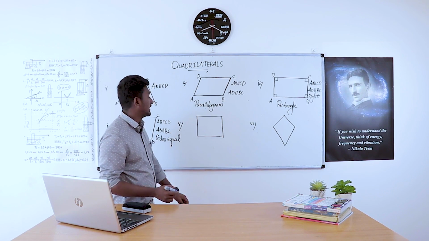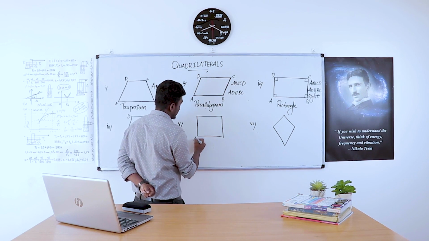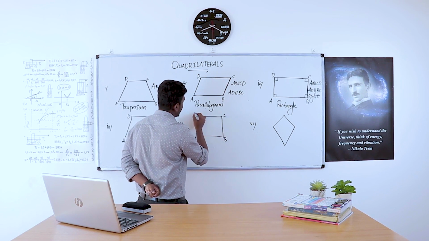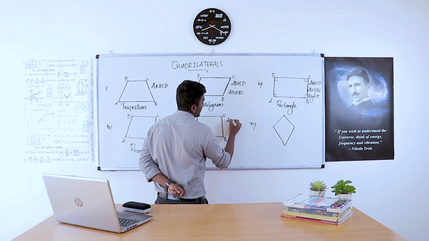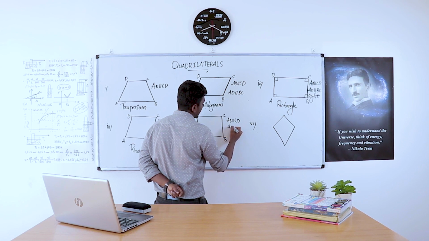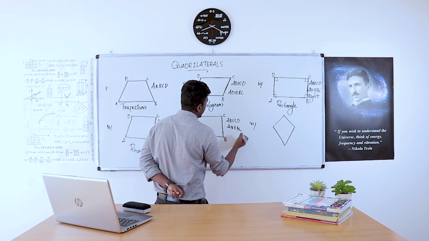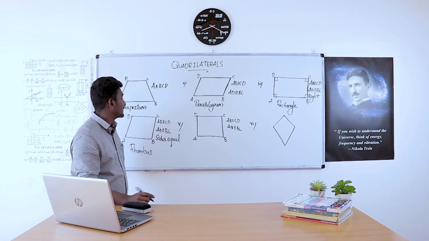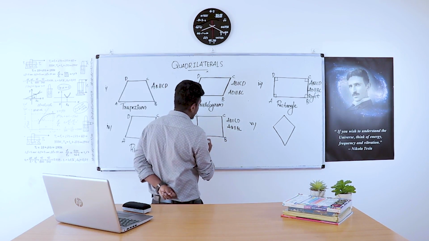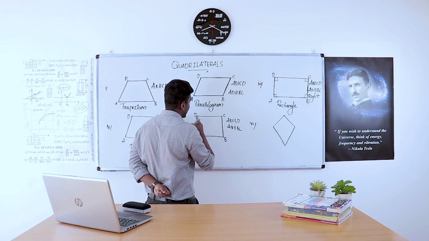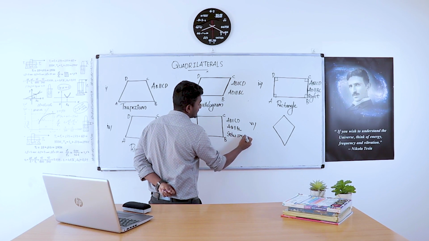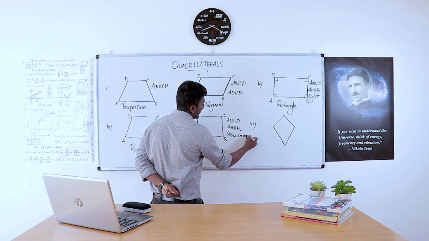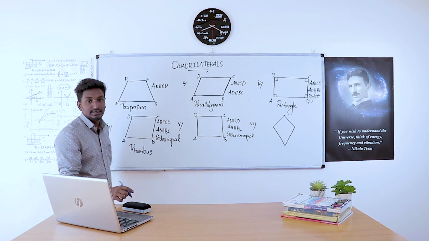Now look at the fifth figure. What is the specialty? Same names we can give, A, B, C, D. Here AB is parallel to CD and AD is parallel to BC. Same condition, opposite sides are parallel. Then AB, BC, CD and DA, that means all sides are equal. These are conditions similar to a rhombus.